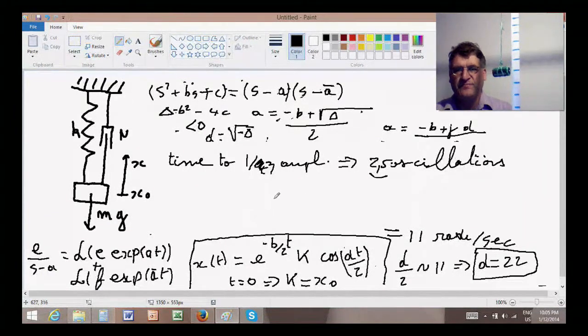Now, the frequency is 11 radians per second. We also said it was like 1.74 hertz.